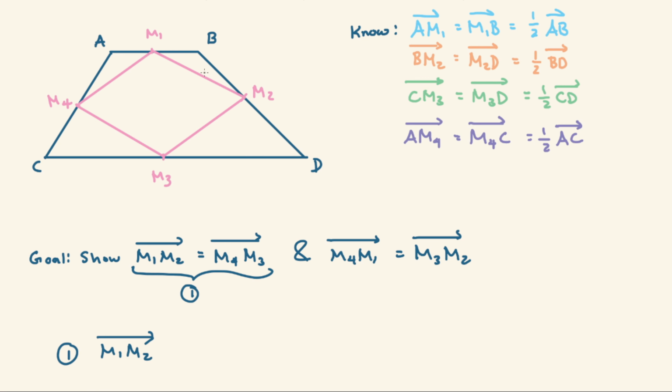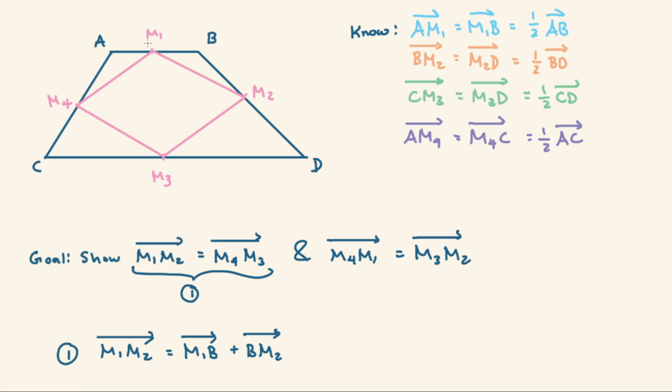Well, I can rewrite this vector M1 to M2 as the vector M1 to B plus B to M2, right? So we know this vector is equal to the vector M1 to B plus B to M2.